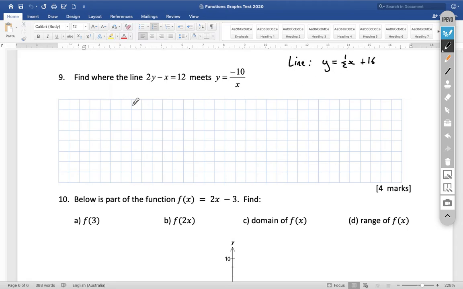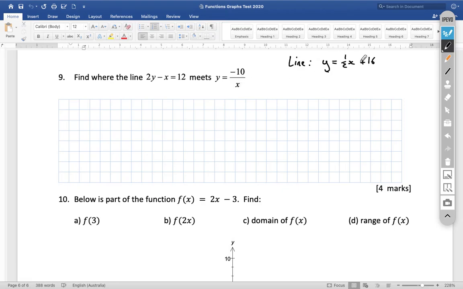So there's my line. Notice I've got y equals there and y equals there, right? So those are the same. At the point where they meet, those two numbers for y will be the same, right? It's meeting at a particular x and y point. And at that point, both equations give the same y value.